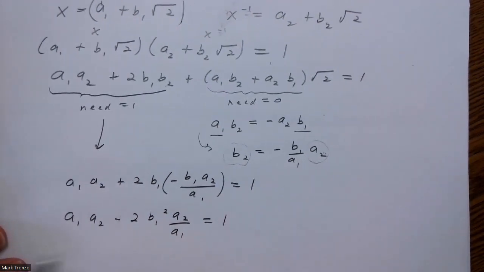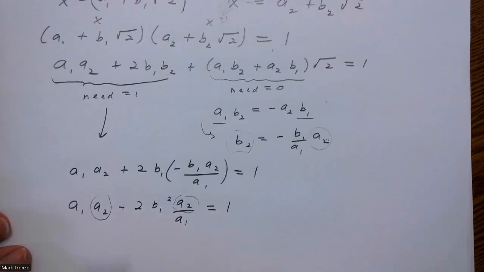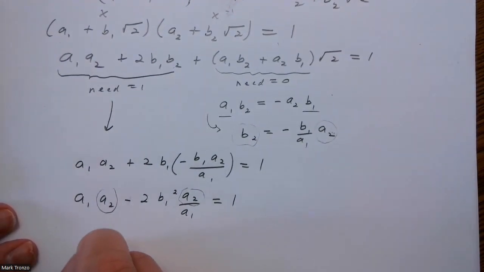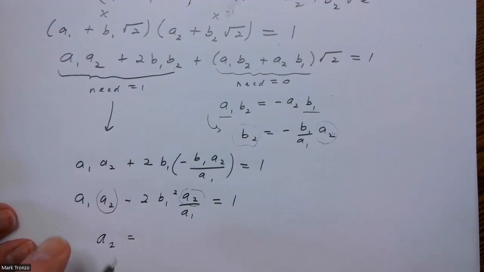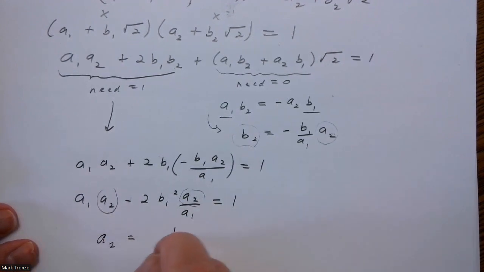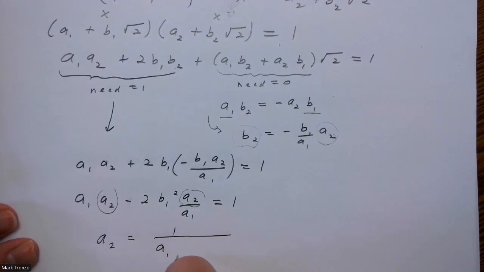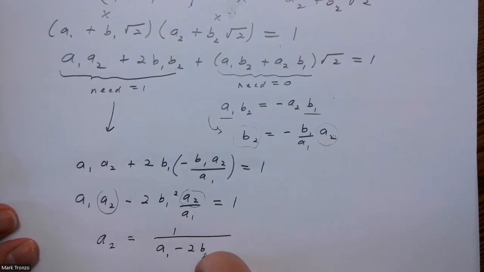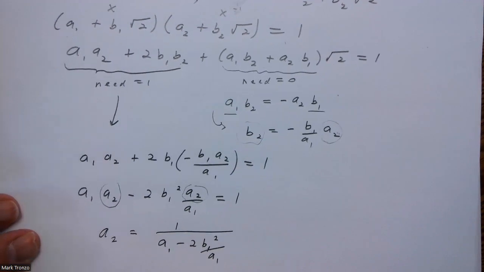Again, the unknown this time is a2. And so let's solve for a2. If we factor a2 out of here, that's going to be a1 minus 2 b1 squared over a1, if I'm doing this correctly.